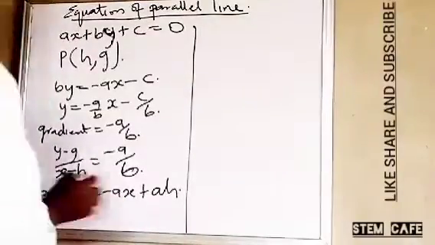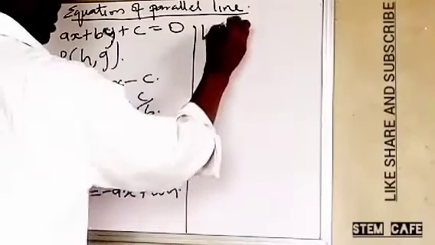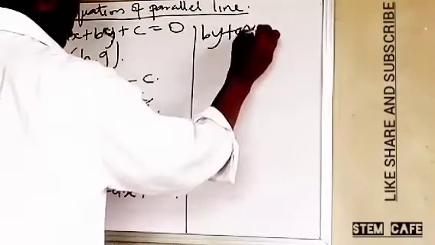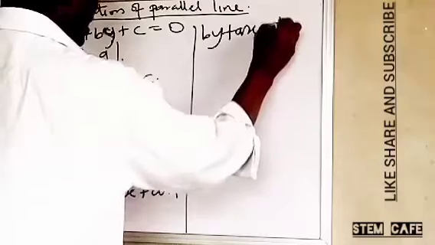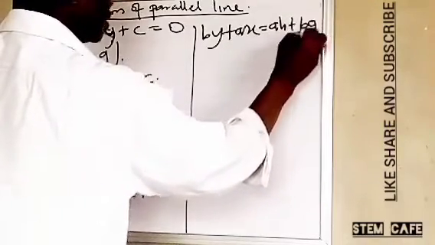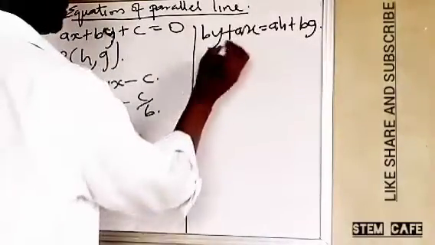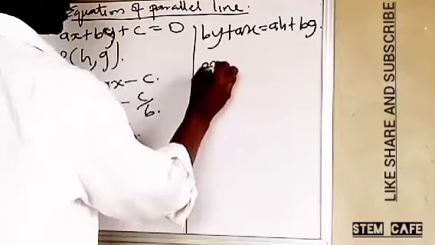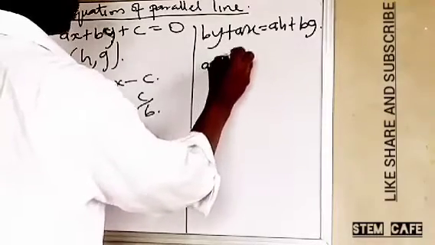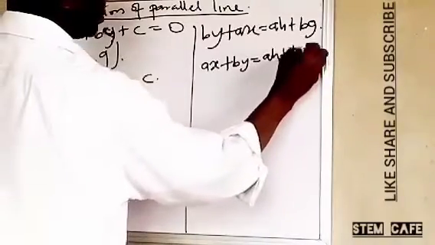So I can now say by + ax equals ah + bg. Rearranging, I have it like this: ax + by is equal to ah + bg.